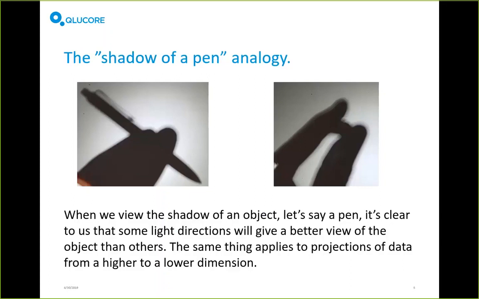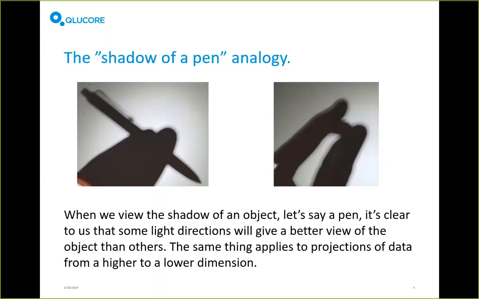So the direction of the light, the direction of the projection, determines how much of the information is preserved in that projected image. And that is exactly the same thing that happens in PCA, because if we choose the projection carefully, we will retain so much information that we can make it useful anyway, even though we lose information.